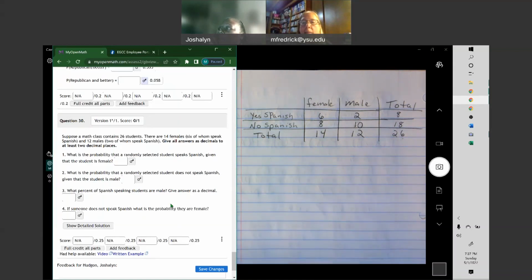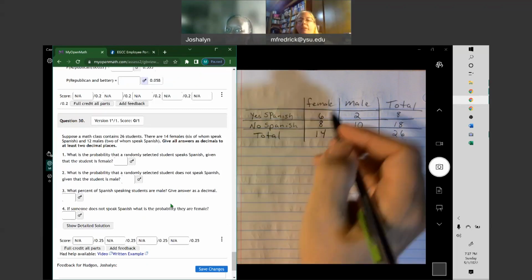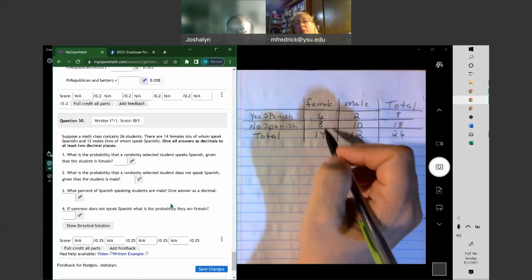For the probability that they speak Spanish, given that the student is female. So that'll be 6 over 8? No, 6 over 14. You were right with sticking with that column, but you want to use the total. So 6 over 14.